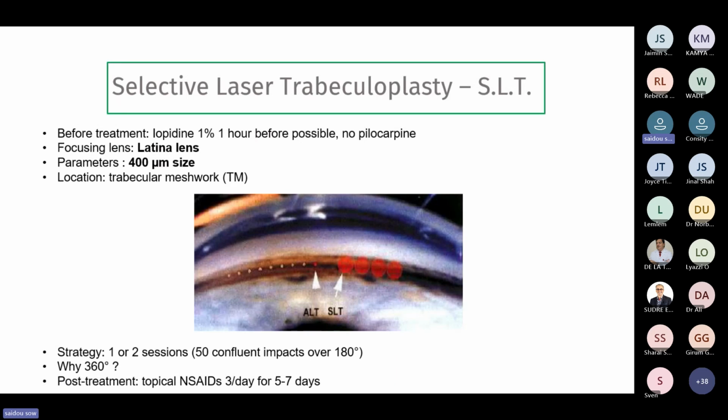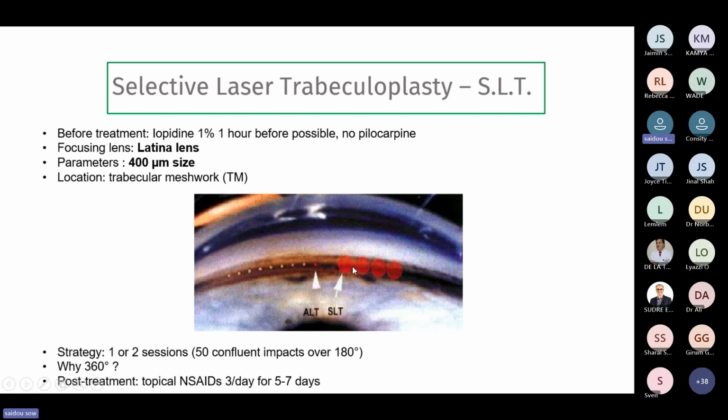Before performing the treatment, sometimes there is some protocol. Personally, I give Iopidine 1% 1 hour before, but not pilocarpine, because it modifies the configuration of the trabecular meshwork. The spot size is 400 micrometers, so it is wider than the trabecular band.